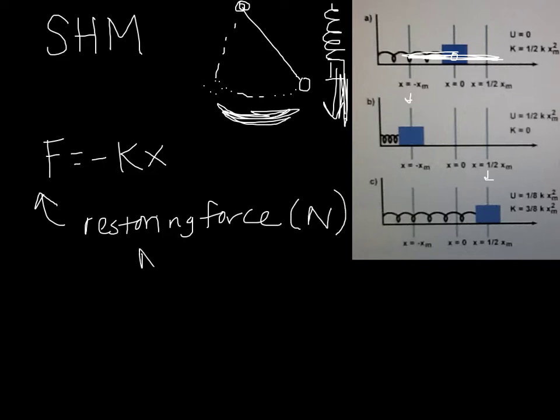And a newton is a kilogram meter per second squared. And then we have a spring constant, and a displacement.